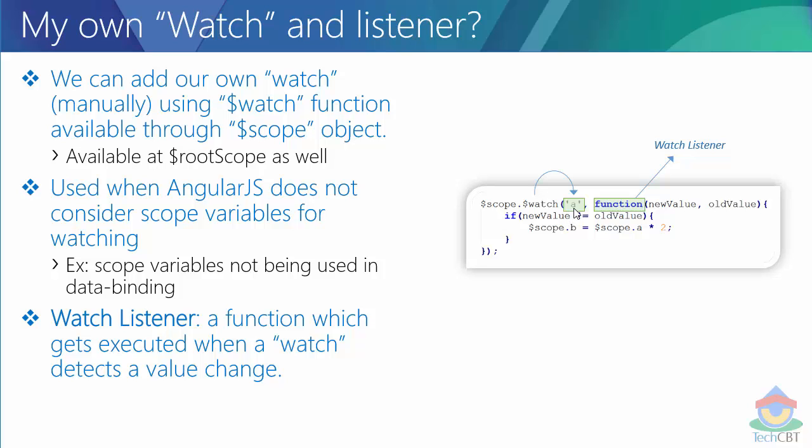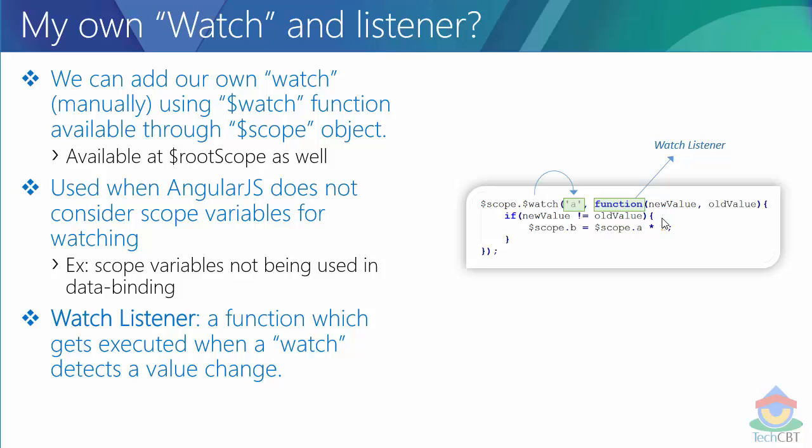So for some reason, if the value of variable A is being modified by some kind of data binding or by some other method within the scope, then the watch will automatically know that the value has been changed for the scope variable A, and it checks if there exists any listeners for the watching of that variable A, and if there exists any listeners, those will be executed.